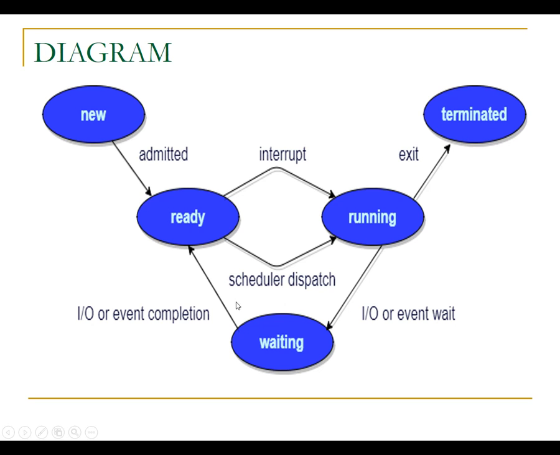If the input and output devices that are going to handle that particular process are not free, that means the resources are not free, then that process has to wait for a fraction of time. So for the waiting period, it goes into the third component called the waiting state, in which, if the response is not returned by the input output devices, it automatically stays inside the waiting state.